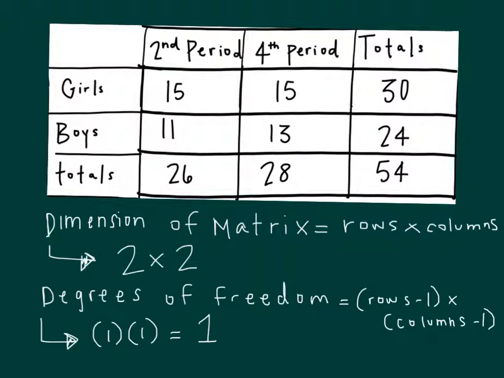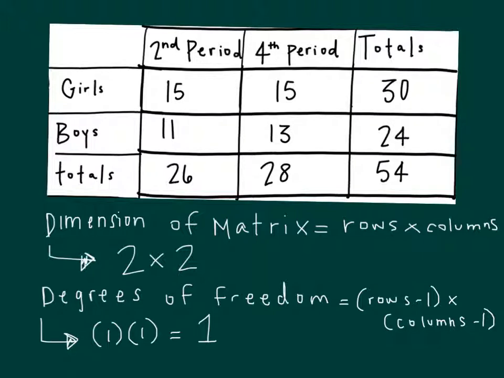Here we are shown the contingency table again, and we have to find both the dimension of the matrix and the degrees of freedom. In order to find the dimension of the matrix, it is the rows by the columns. In this table, it is 2 by 2 because there are 2 rows and 2 columns.